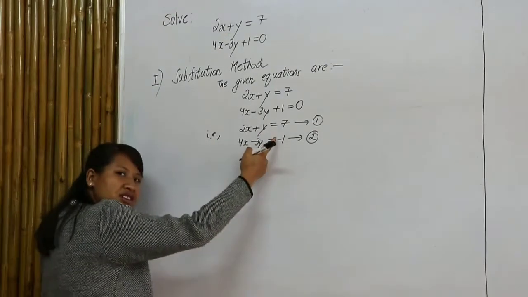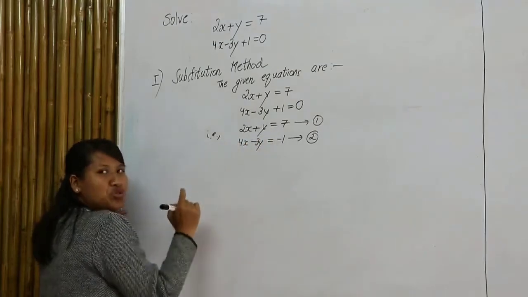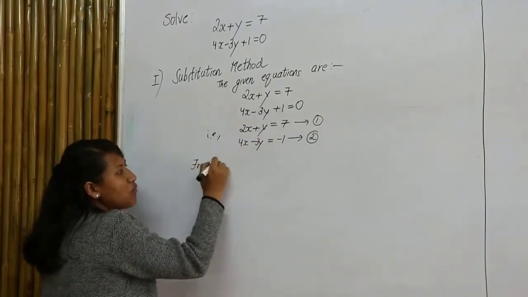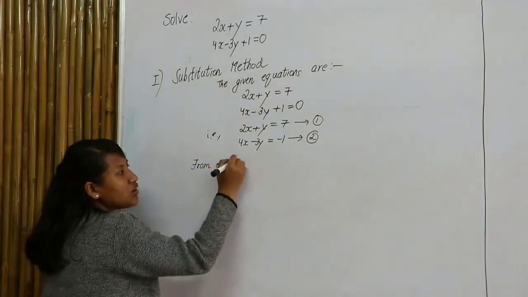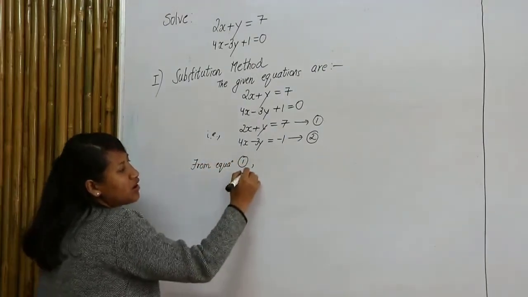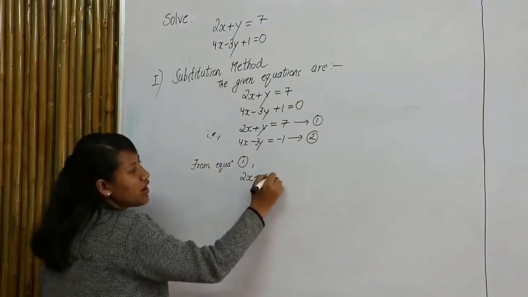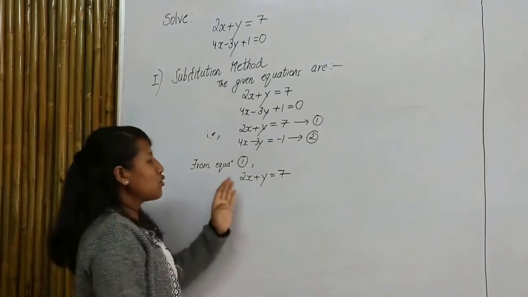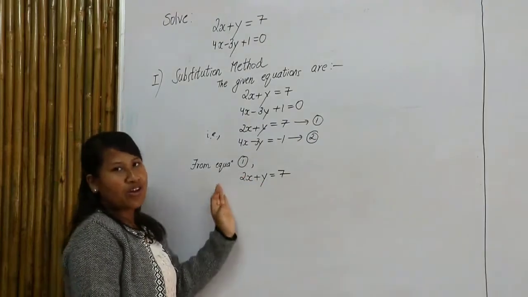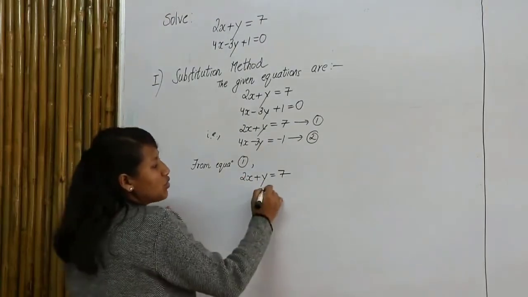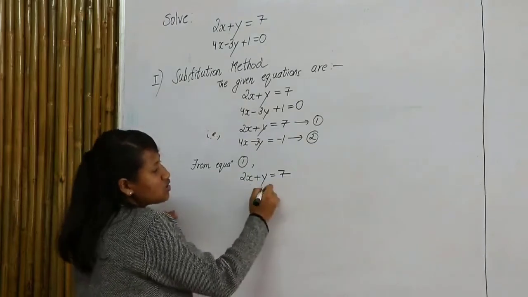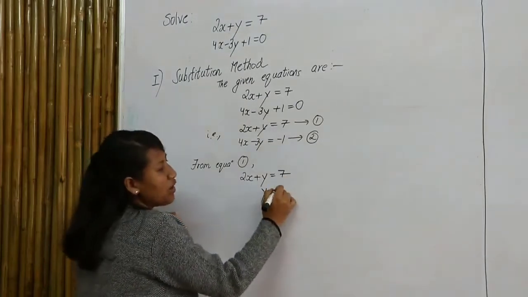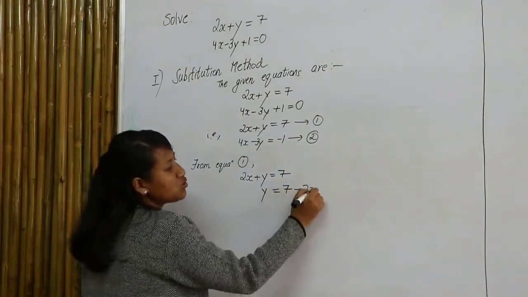You can choose equation 1 or equation 2. I'll take equation 1: 2x plus y equal to 7. Then you can carry y or x to the other side. I'll carry 2x to the other side, so y will be 7 minus 2x.